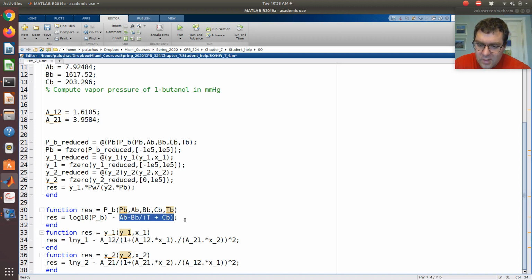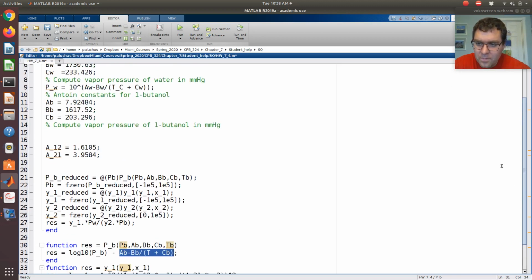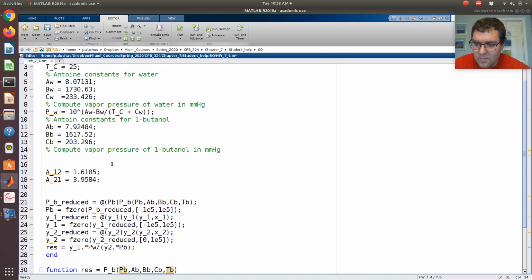But again, this one's easy enough to solve analytically, so I'm going to solve it analytically. So P underscore B is equal to 10 raised to that, and it's T underscore C. Cool. I'm going to click save. Now I have my 2 vapor pressures computed.